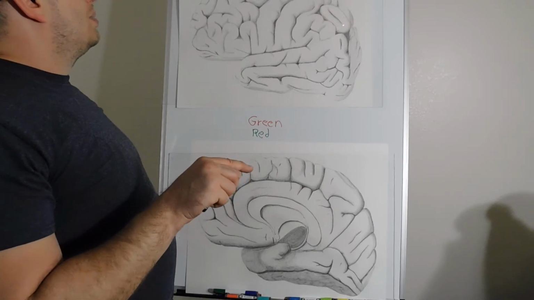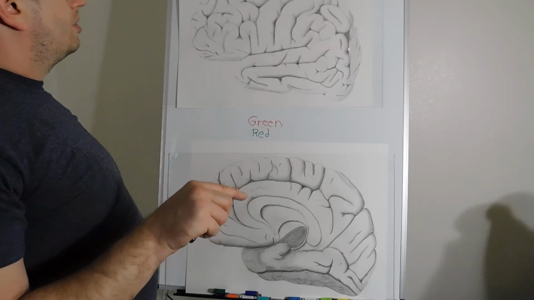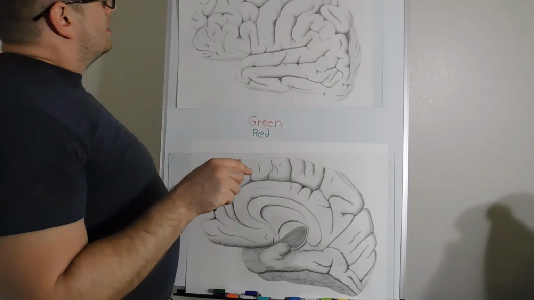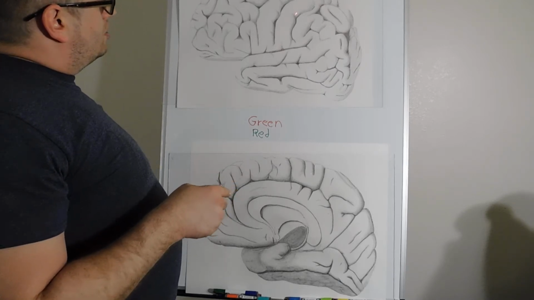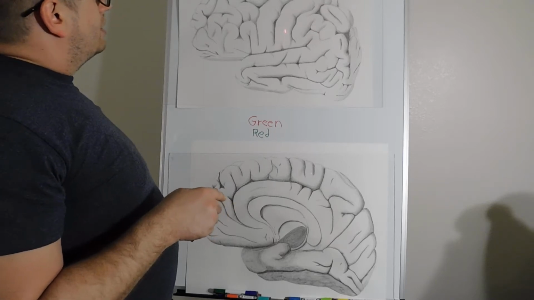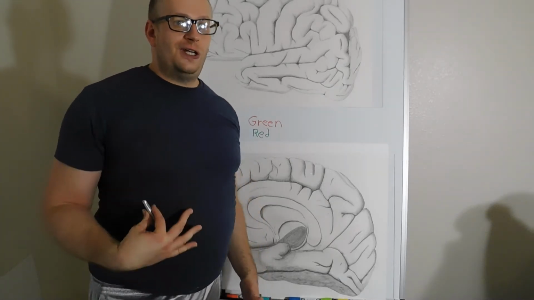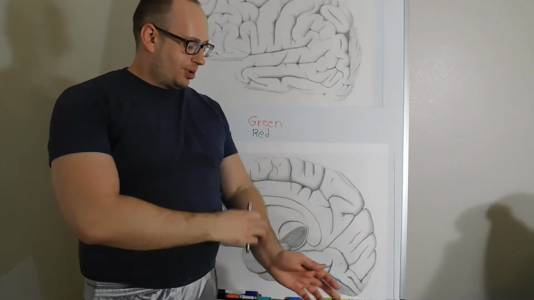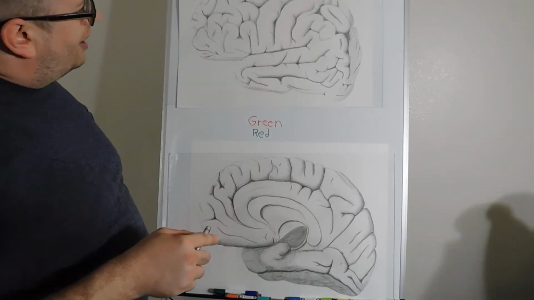Superior parietal lobule, inferior parietal lobule, occipital lobule. Okay. So this part here and this part here are also part of the parietal cortex in this area here, like I just said. This part is the primary somatosensory cortex. That's where you actually feel any part of your body. If you feel a sensation, you're consciously aware of it right here, probably.